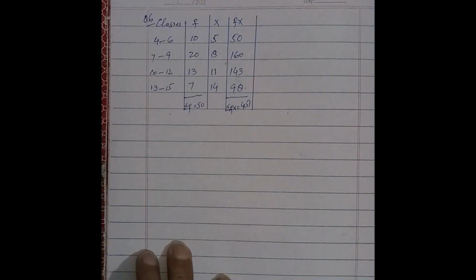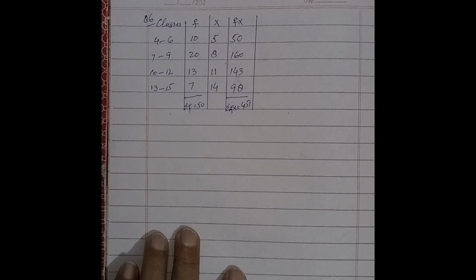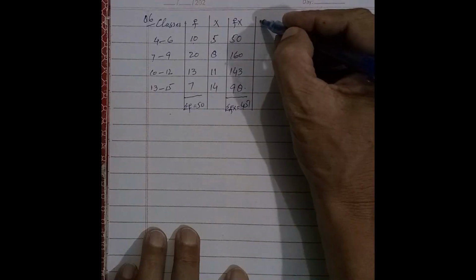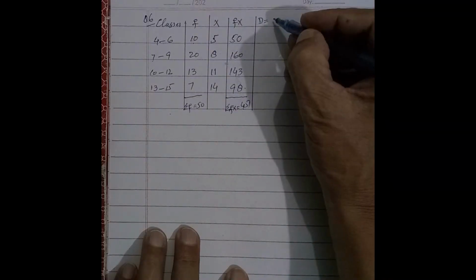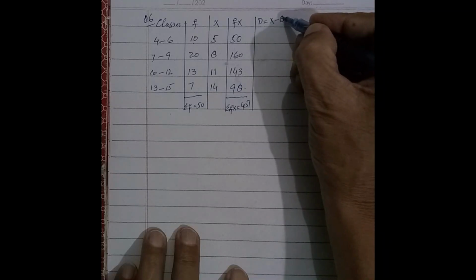In this data, we do not use the indirect method but a shortcut method, which is the most simplified way of solving the data, and it is called the shortcut method. For the shortcut method, we take d, which is equal to x minus 8.